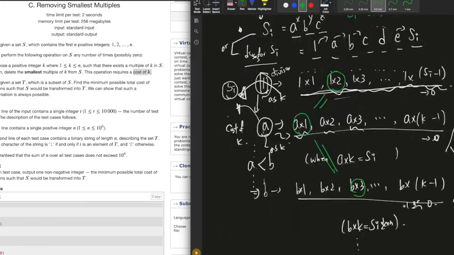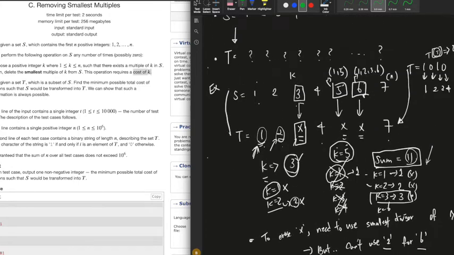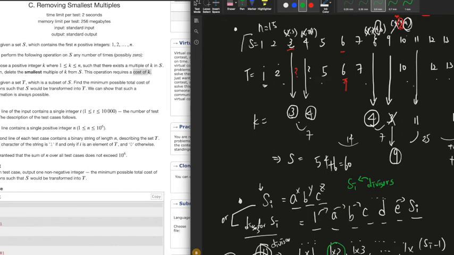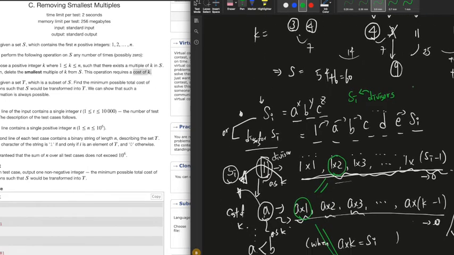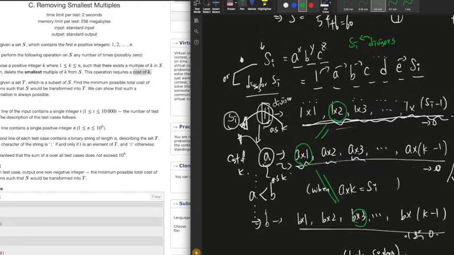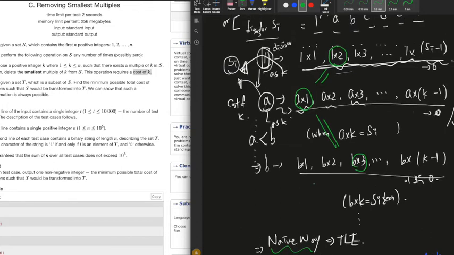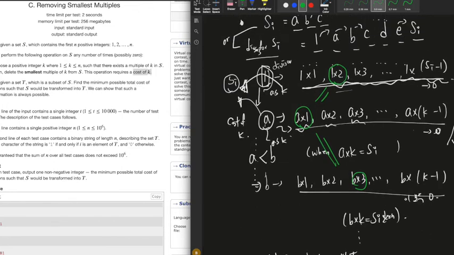We start by understanding the problem first, and to understand more, we have to think about the naive way first.